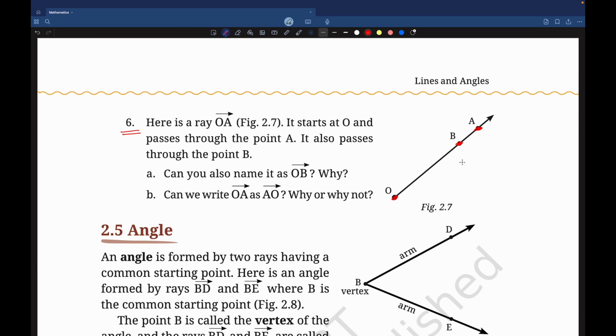Yes. We can also name this as OB. Why? Because this also passes through point B. So the starting point is O and it extends endlessly in the direction of B. So we can write this as OB.